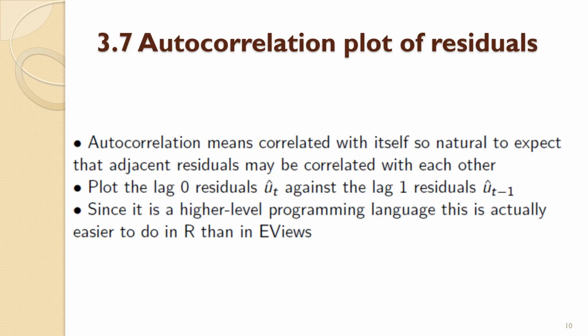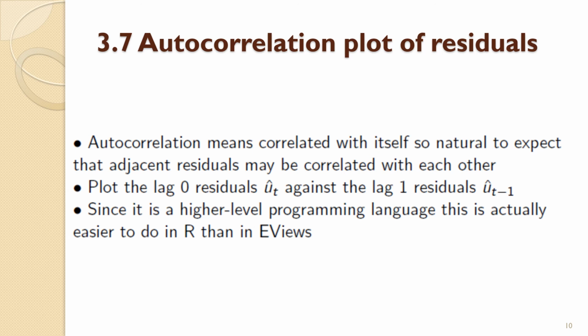So another alternative is an autocorrelation plot of residuals. Now it's perhaps a little fiddlier to do, but this can at the same time be easier to interpret. So what is going on here is that autocorrelation just means correlated with itself. So it's natural to expect adjacent residuals to be correlated with each other.